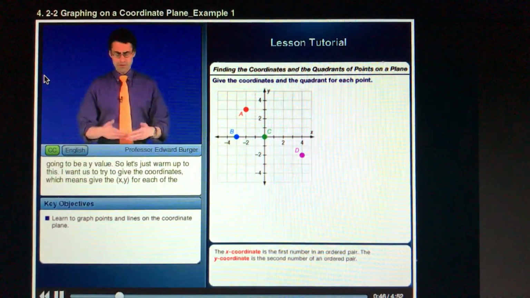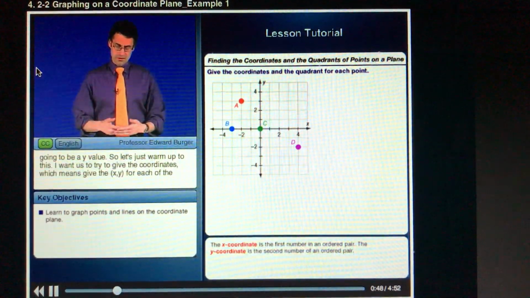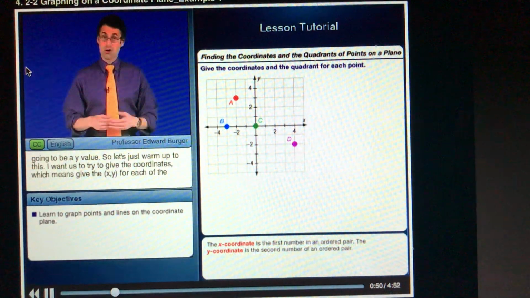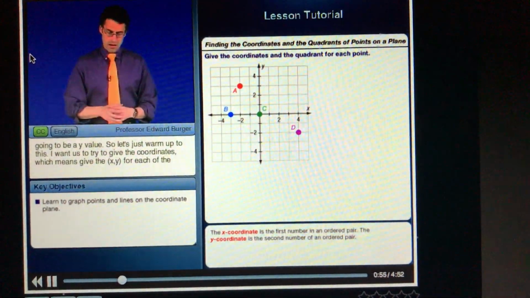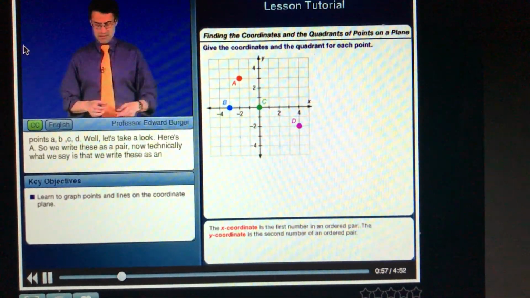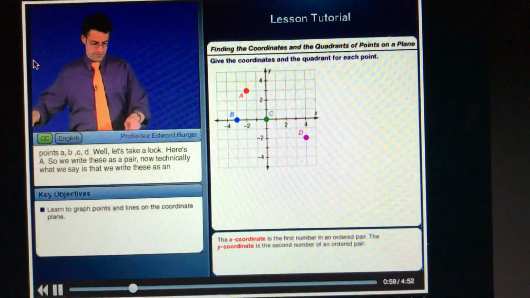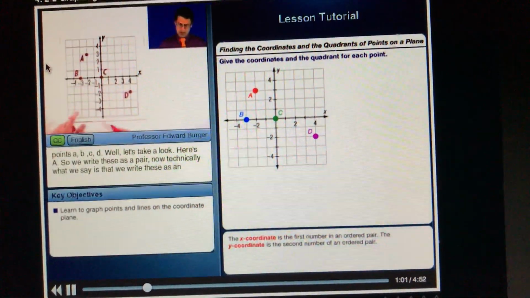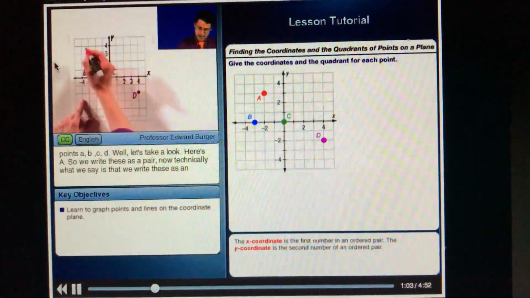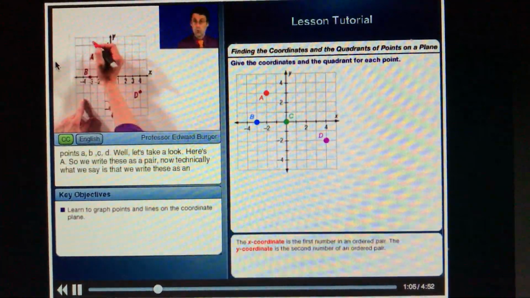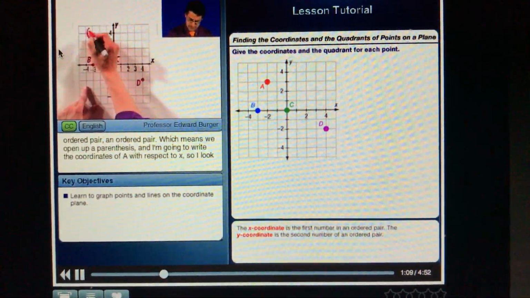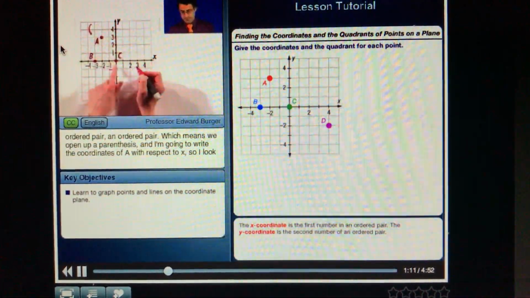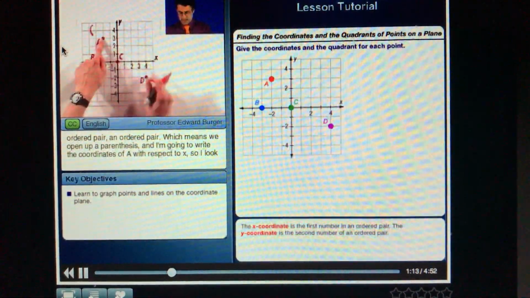So just to warm up to this, I want us to first try to give the coordinates, which means give the x comma y, for each of the points A, B, C, D. Well, let's take a look. Here's A. So we write these as a pair. Technically, we write this as an ordered pair, which means we open up a parenthesis, and I'm going to write the coordinates of A with respect to x.